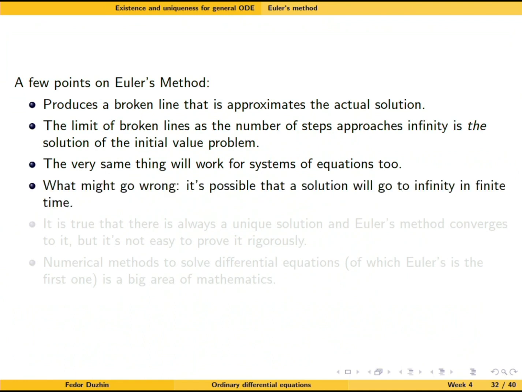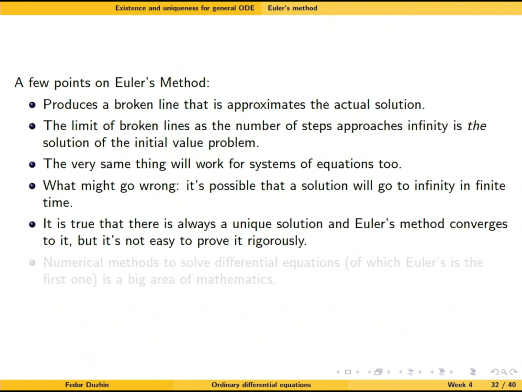However, the situation is slightly more complicated than it looks at first glance. So what is possible is that when you construct the successive approximation, then you can get something like this. So the first approximation looks like this, the second approximation looks like this, the third approximation looks like this, and so on. Which means that the end point of these approximations goes to infinity, right?